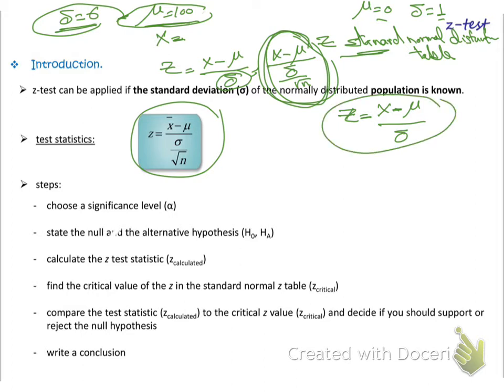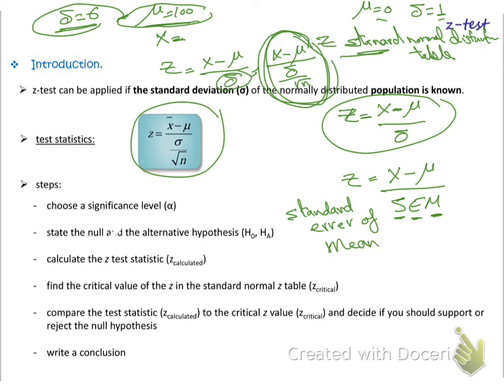If we are talking about the means, we have to use the formula z equals x minus mu divided by what we called before SEM. You remember? Standard error of the mean, SEM.